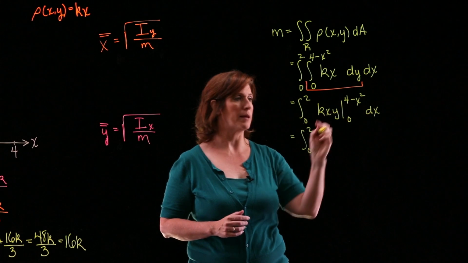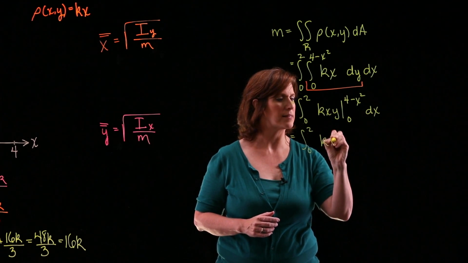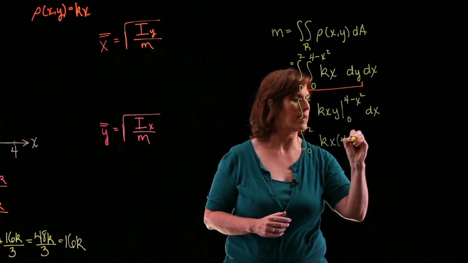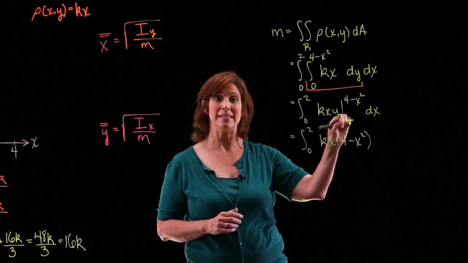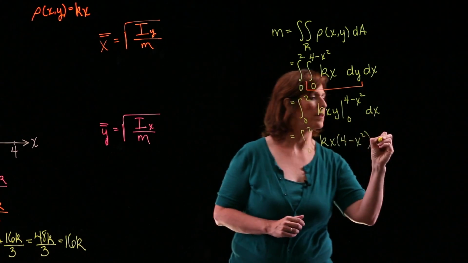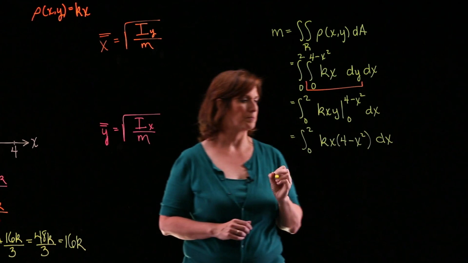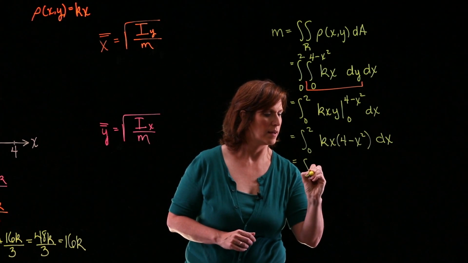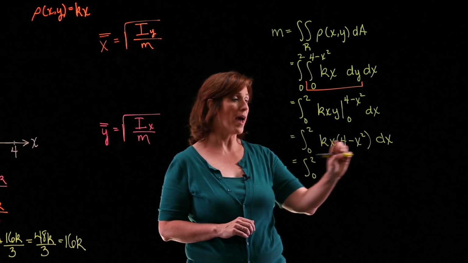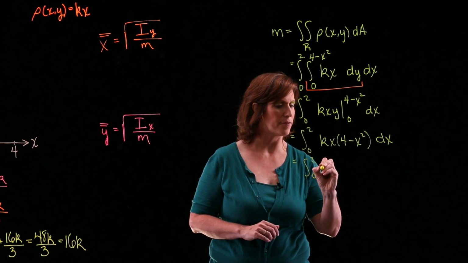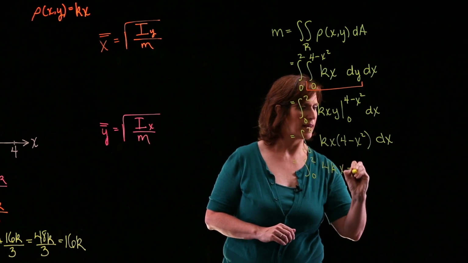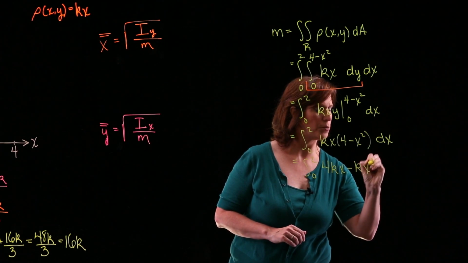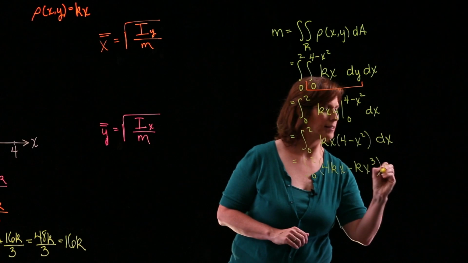Plugging in the upper limit, I have kx times the quantity 4 minus x squared. And when I substitute in the lower limit, I get 0. So I just subtract 0, and this is dx. I can go ahead and distribute across, and I have 4kx minus kx cubed dx.